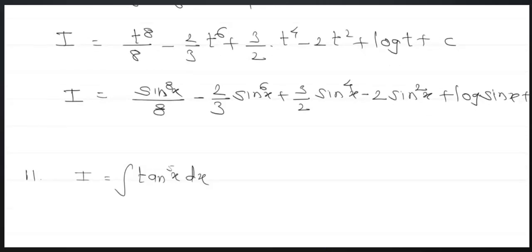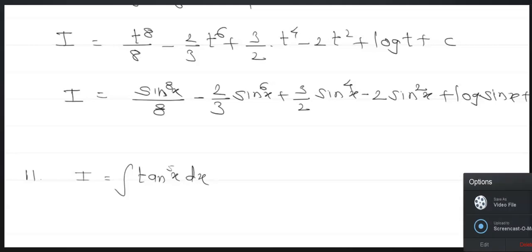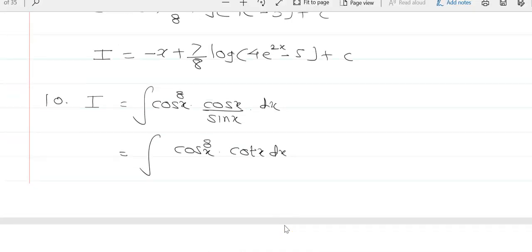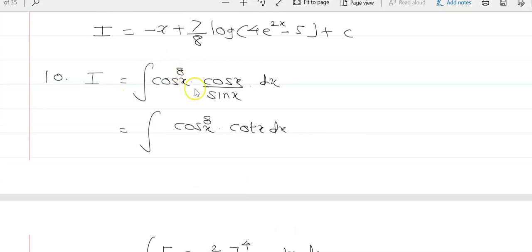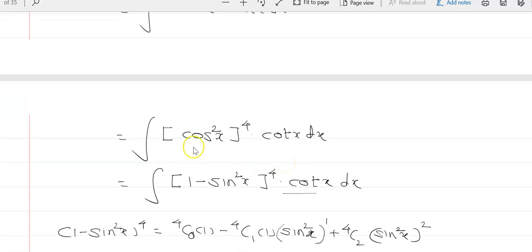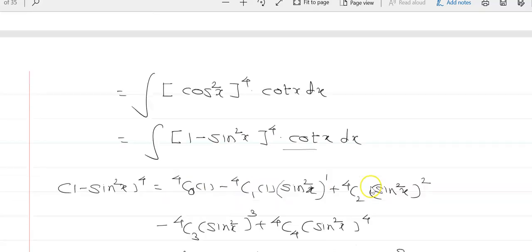Now the series again: the integral of cos of x raised to 8 into cos of x upon sin x dx. Now it is written as cos square x bracket raised to 4 cot x dx. Cos square x can be written as 1 minus sin square x, bracket raised to 4, into cot x dx.